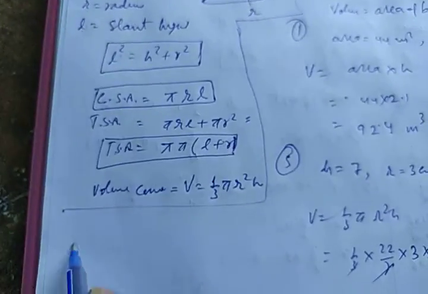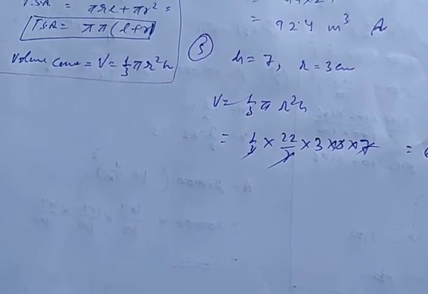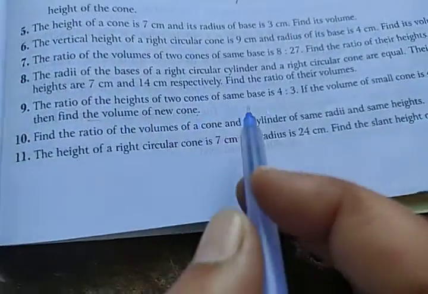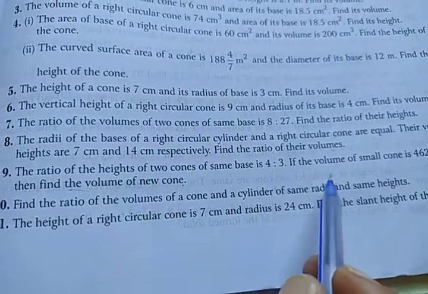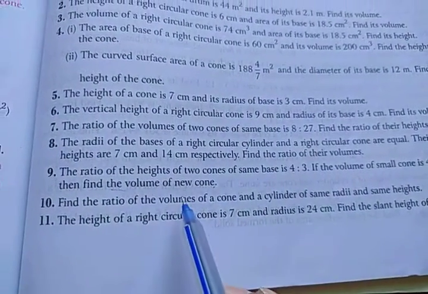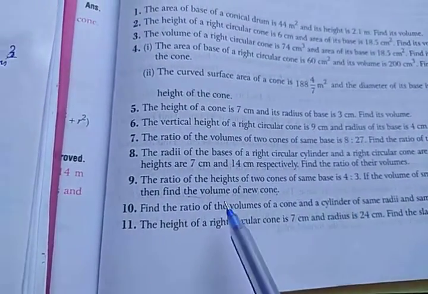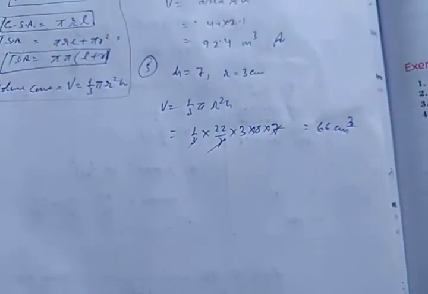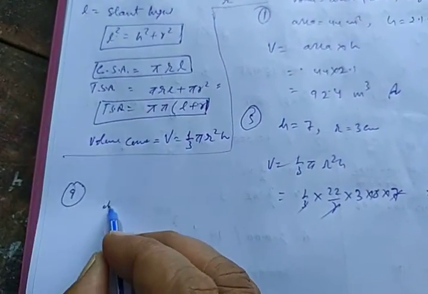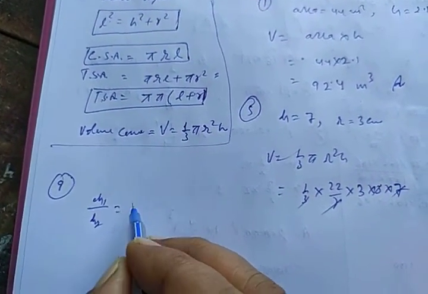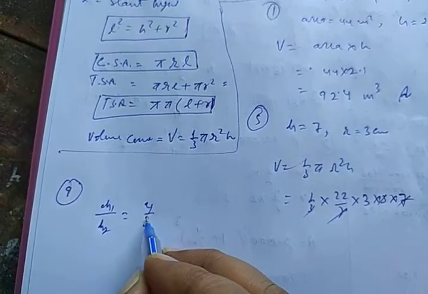Let us take question 9. Randomly I am discussing the questions. The ratio of the heights of two cones has been given, 4:3. The volume of the small cone is this much, find the volume of the other cone. Now the heights ratio has been given. H1 upon H2 is given 4 upon 3.